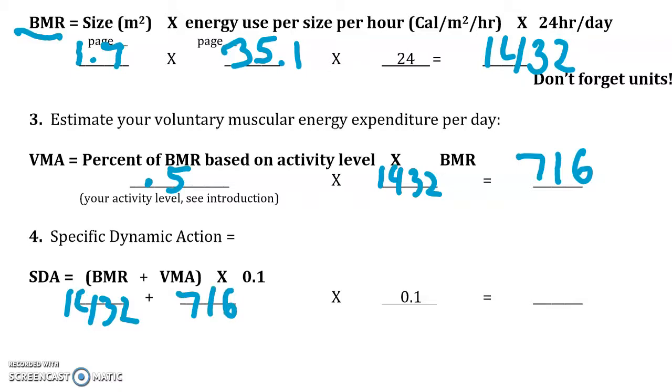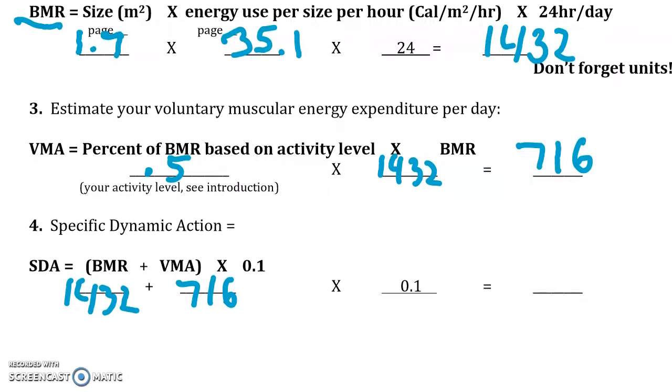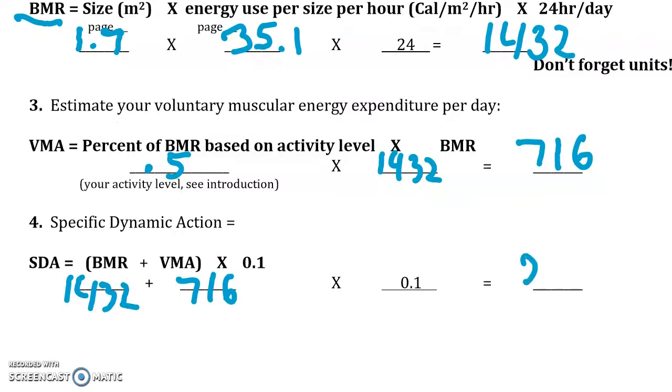Let's calculate that: 716 plus 1,432 is equal to 2,148, times 0.1, 10% of that, so that's 214. I'm going to round off to the nearest full calorie, that's 215 calories.